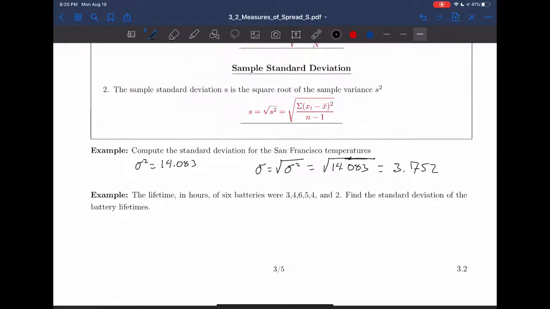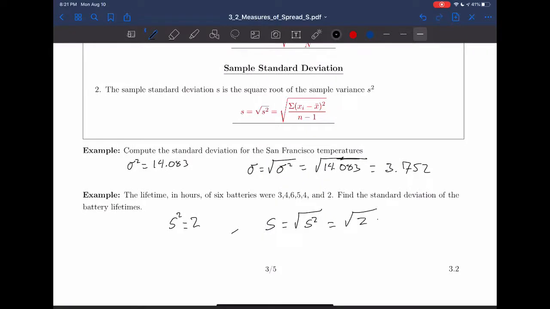Then when we take the standard deviation of the battery life, we know that our variance is 2. So our standard deviation is just the square root of that value, which is 1.414. And notice again that I'm rounding everything to 3 decimal places, which is the norm.